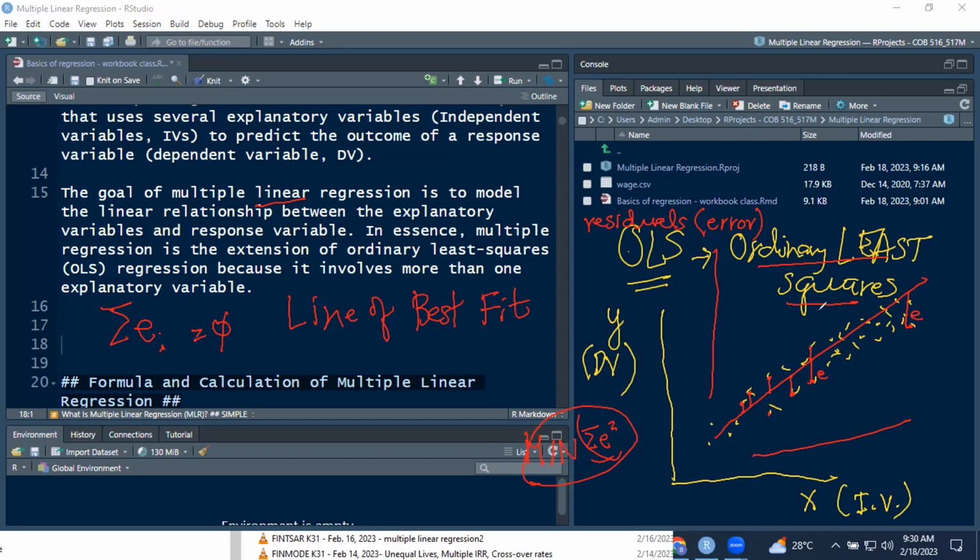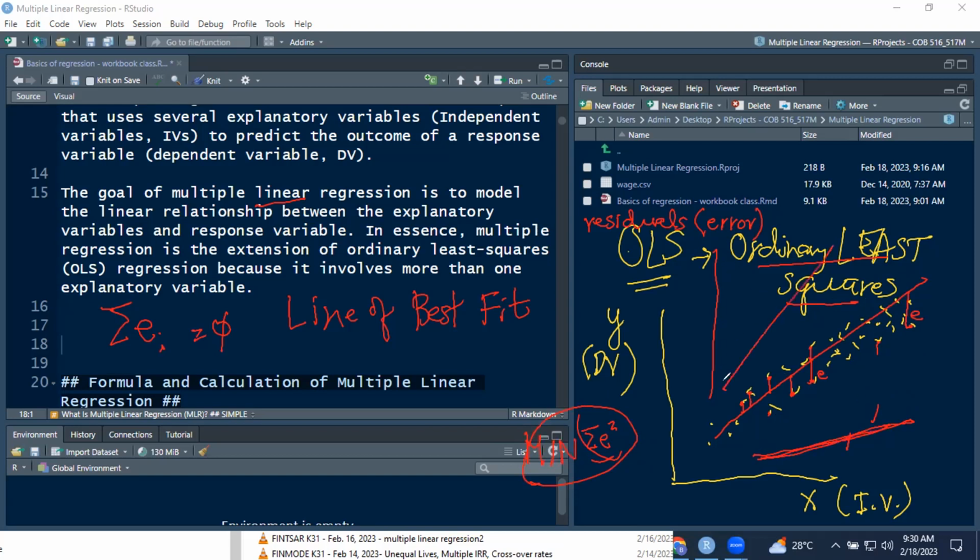If it was this line, then the residuals will be very, very high, right? The distance between this line and your actual points, if we plot the residuals and then square them, the squared residuals will be very high if we use this line. If we use this line, same thing.